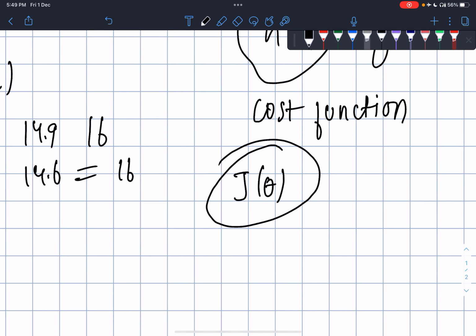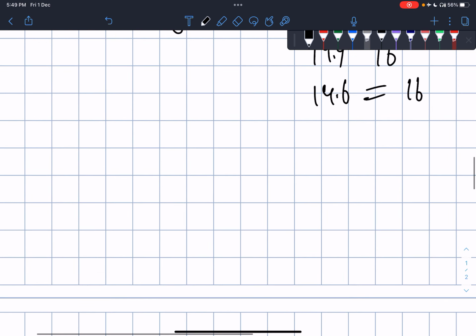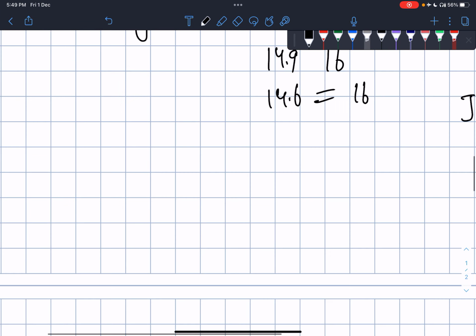Let's suppose we have some G of theta, where we give some theta and we get some error. And how will you get it? Let's suppose we have the predicted value. If the original point is 16 and we guess the number is 17, then we are off by minus 1.